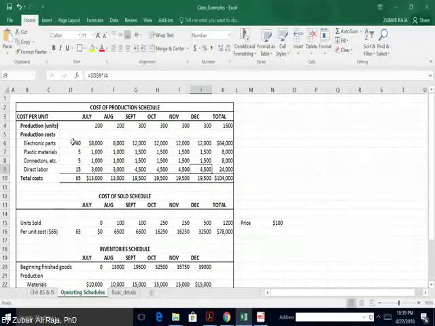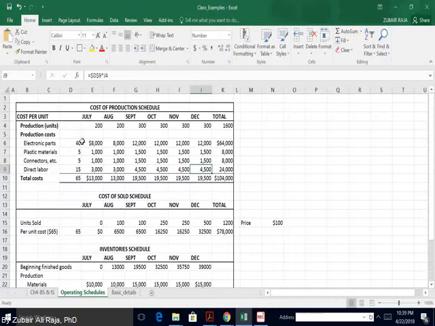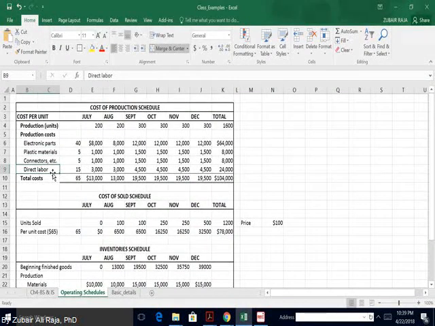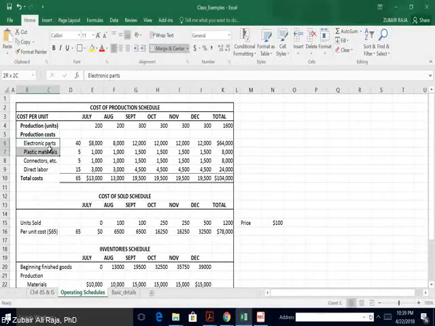And now this is the breakup. In order to prepare a scanner, the PSA Corporation needs electronic parts, plastic material for the outer body of the scanner, a connector, and the direct labor which will assemble the scanner using these three basic components.